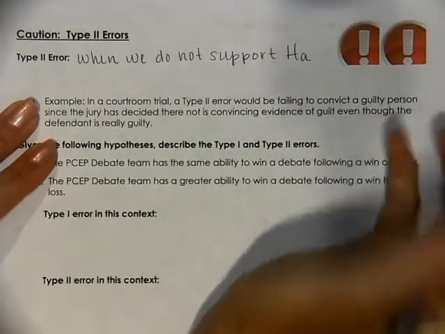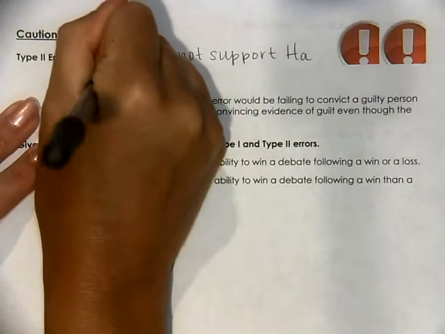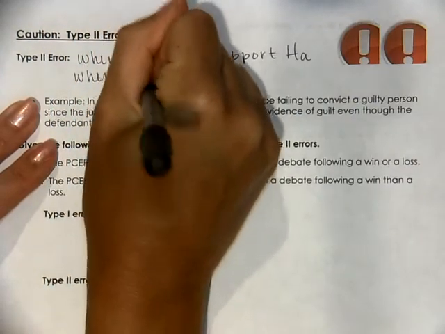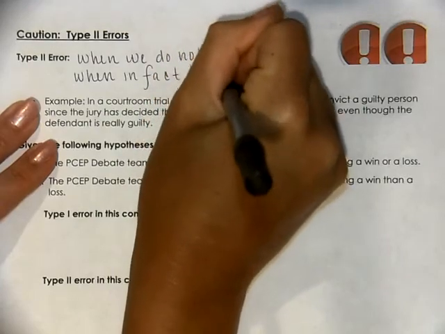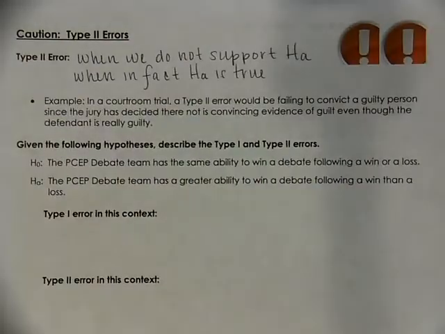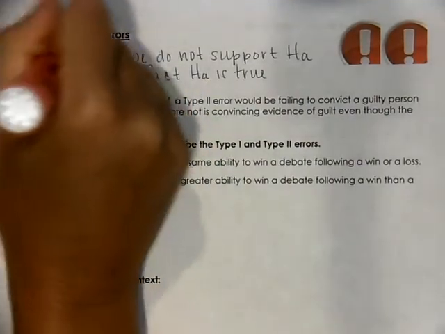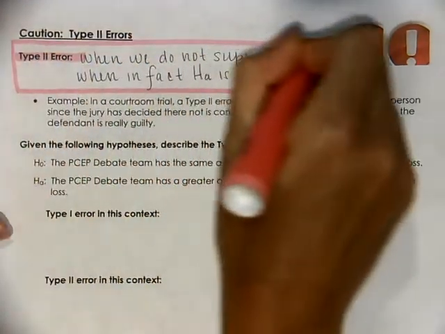Now remember, you're describing a mistake. So when we do not support HA, when in fact HA is true. You're definitely going to need to reference this tonight on your homework.